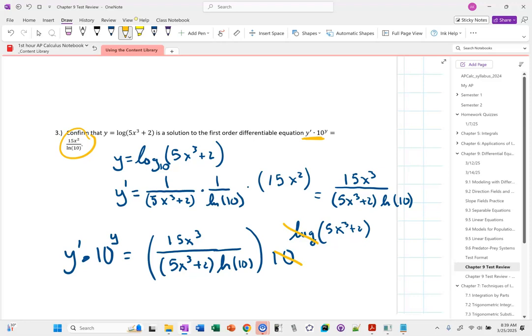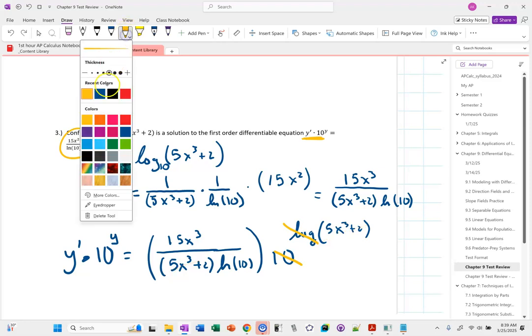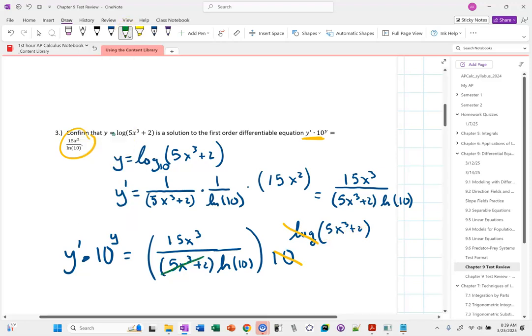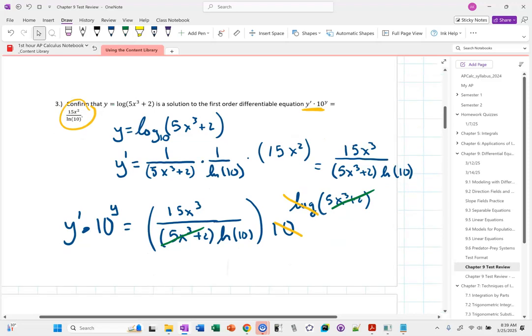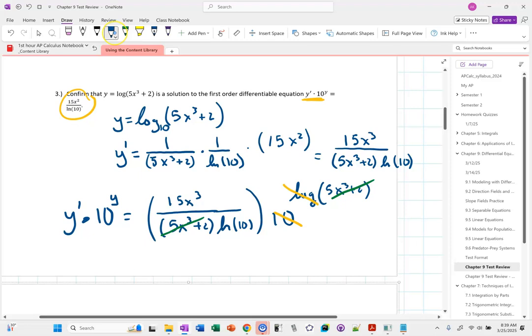Exponent base 10 cancels log base 10. And then what's going to happen, use a different color, then those guys would cancel, right? And what are we going to be left with? Exactly what we needed.